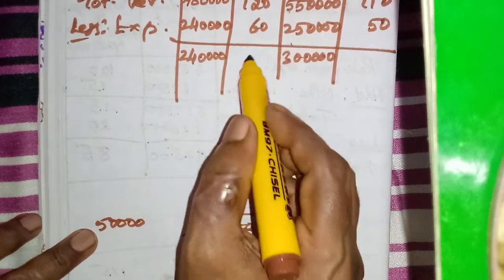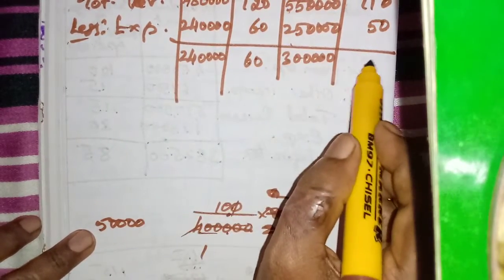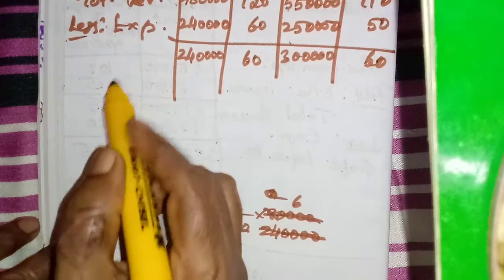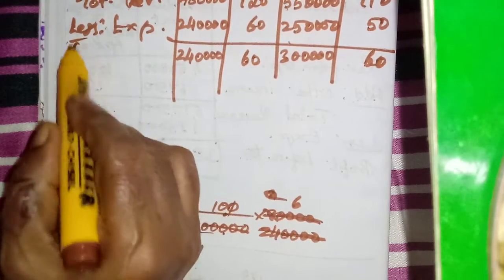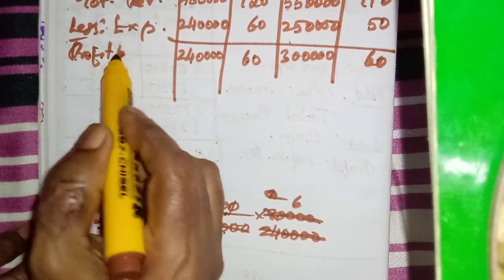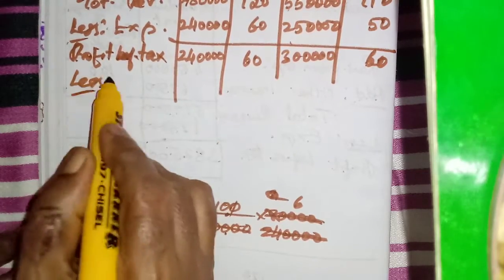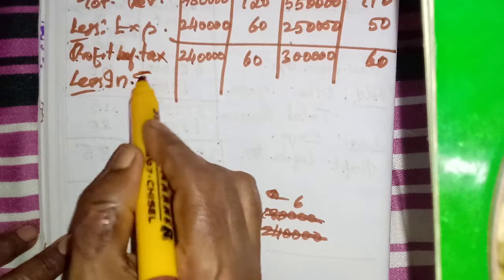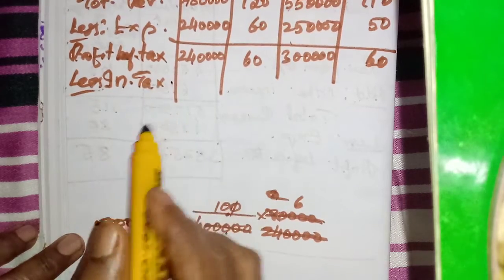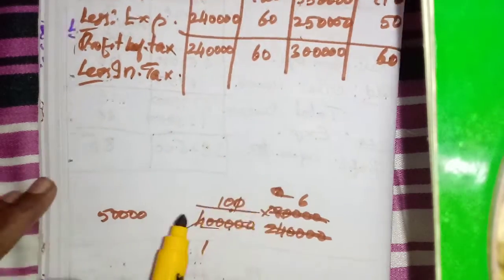Okay, now you less 60, 60. What is this? Profit before tax. Then less income tax. Income tax we need to calculate 30%.